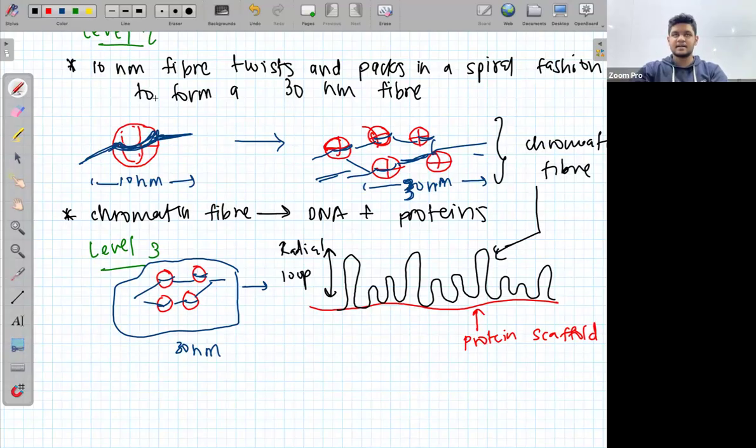Now, this structure has a thickness of 300 nanometer. Is it clear?